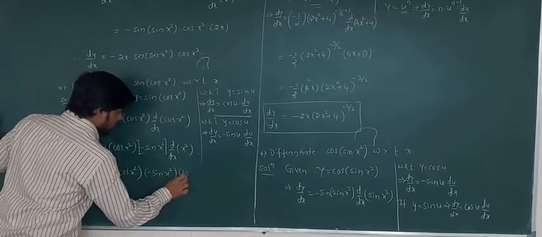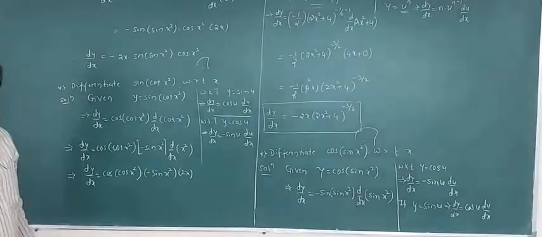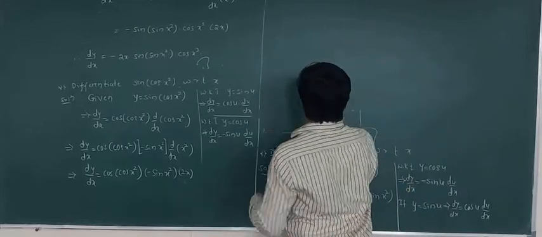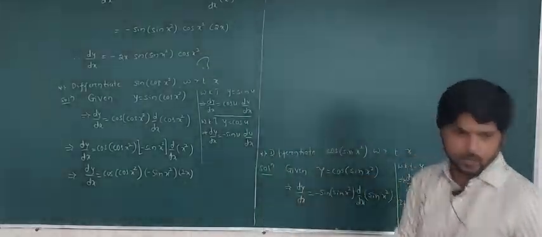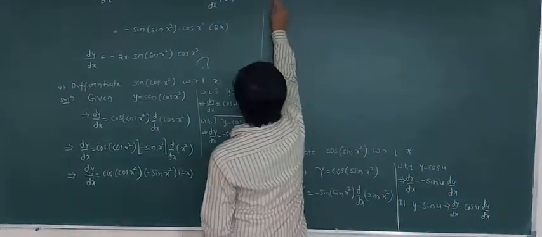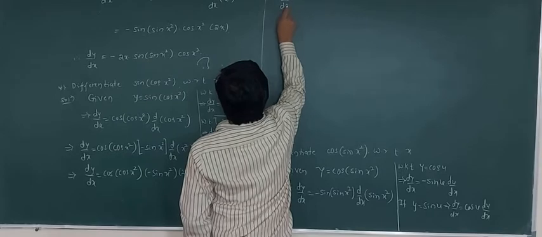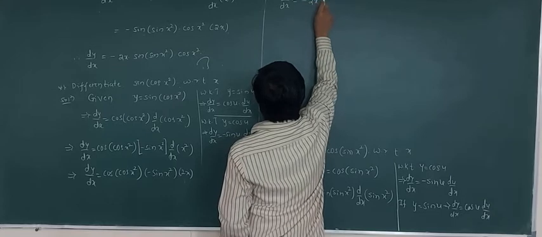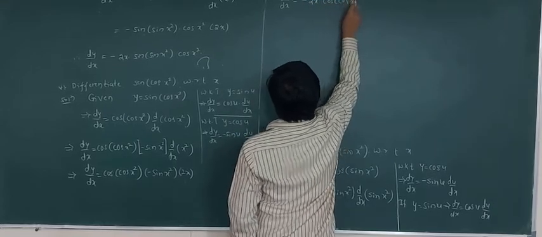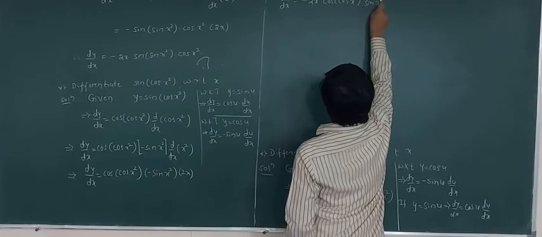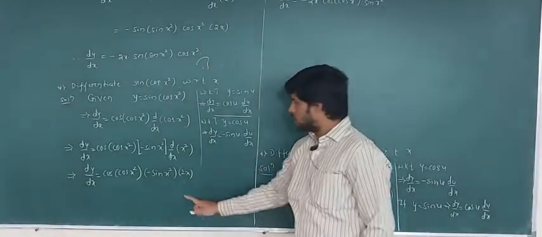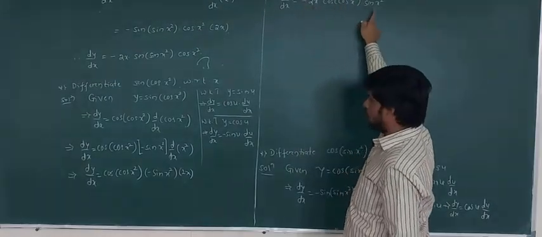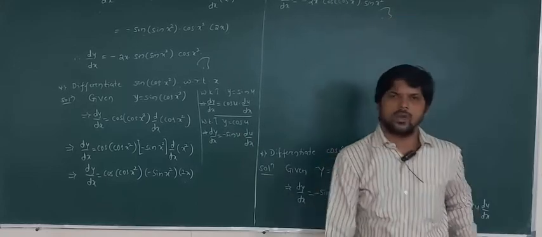Differentiation of x square is 2x. So therefore solution is dy by dx is equal to minus 2x into cos of cos x square into sin x square, because here minus sin x square, so minus, take it first, so minus 2x cos of cos x square into sin x square. This is our required solution, right?